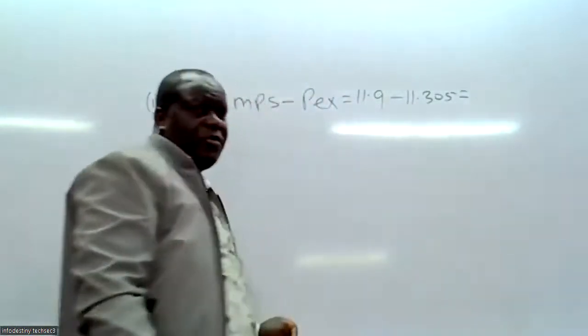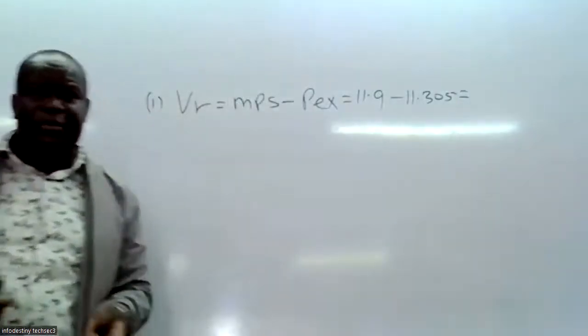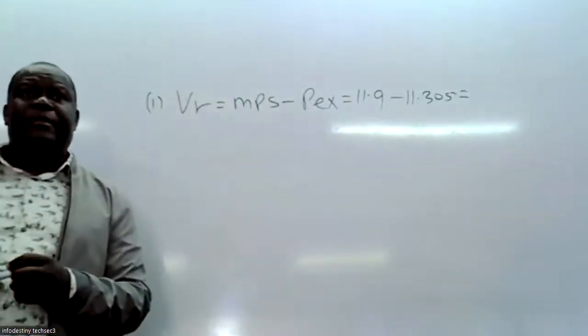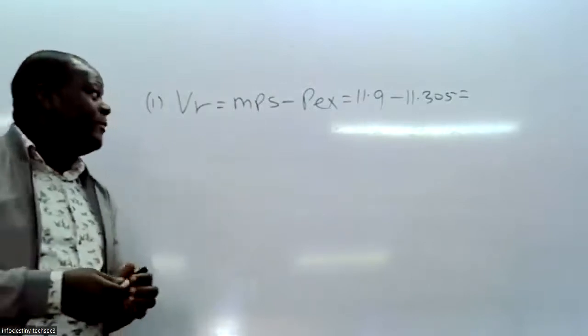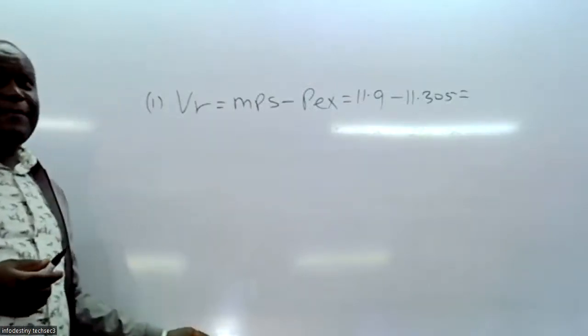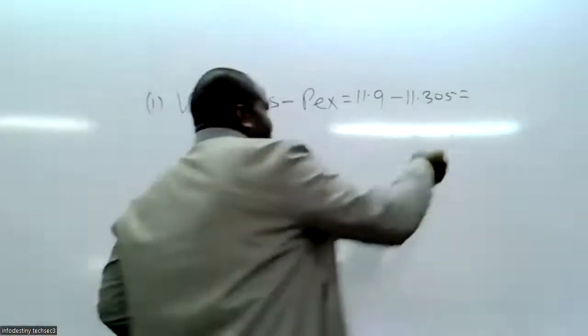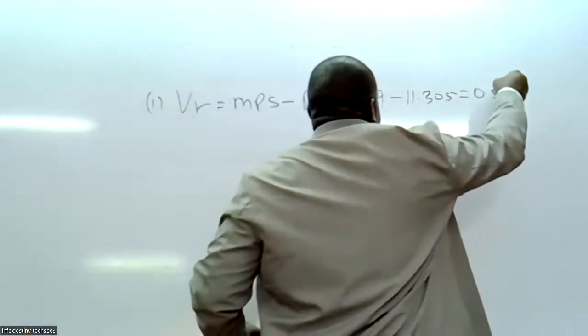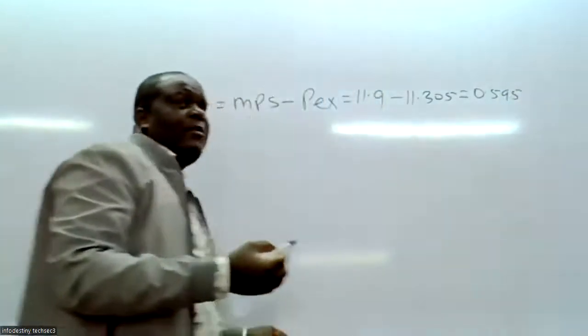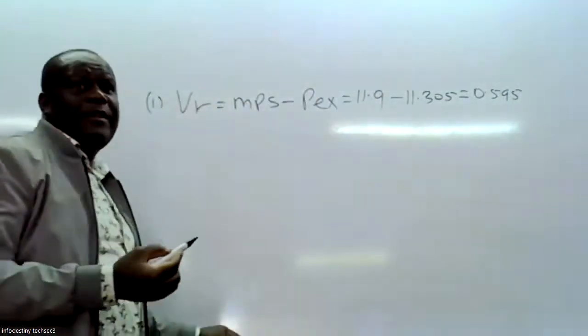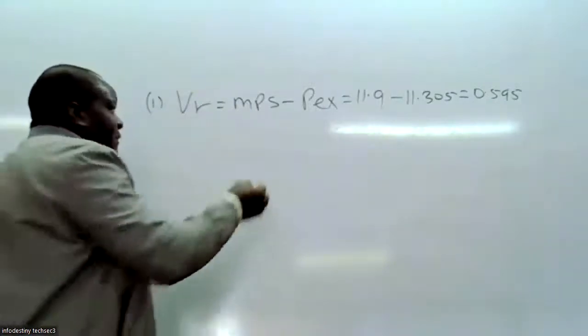Yeah, so that should be your theoretical ex-rights price, so that you get the value for the right. So it has to be 0.595. So that is just one of the formulas of getting the value of the right.